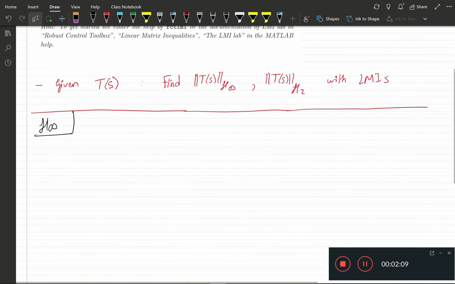The LMI for the H infinity norm looks something like this.